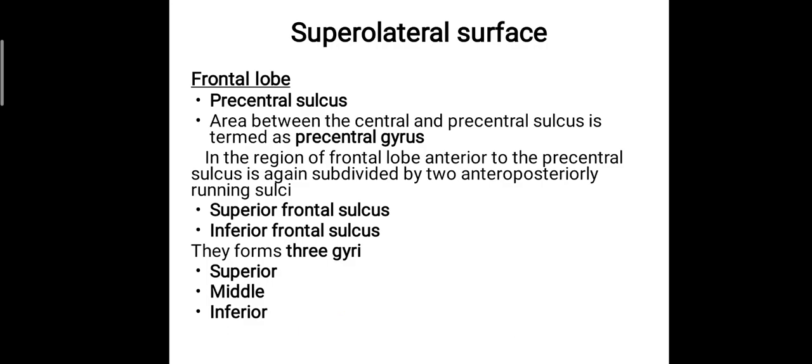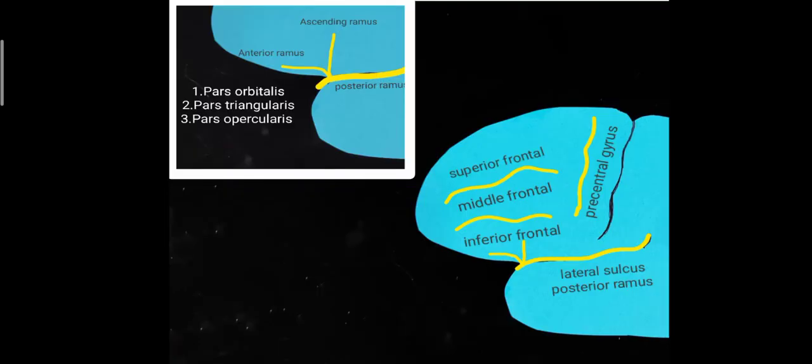So let's discuss the same over the diagram. Here we have a replica where you can concentrate on the frontal lobe. This is the central sulcus, and just behind the central sulcus you can find the precentral sulcus, and the area between the central and precentral sulcus is termed the precentral gyrus.